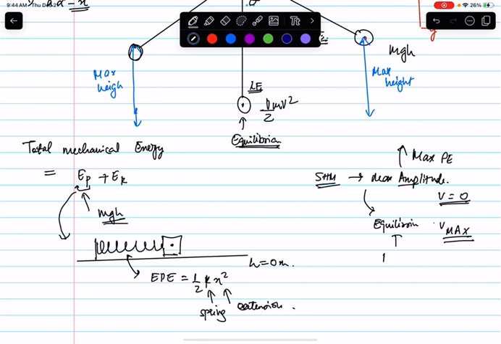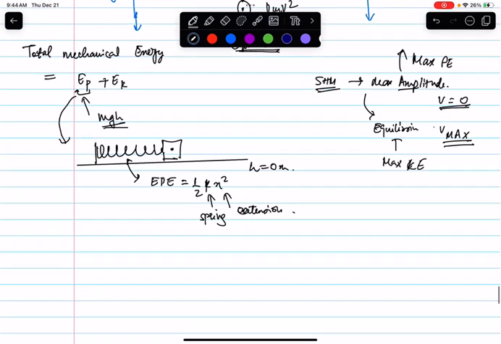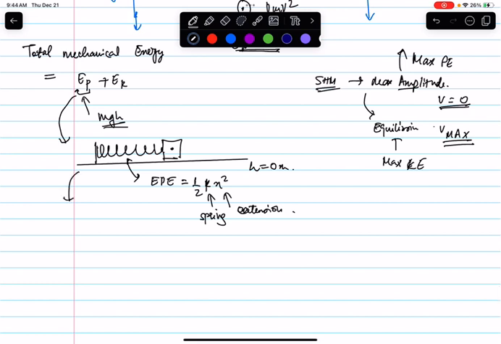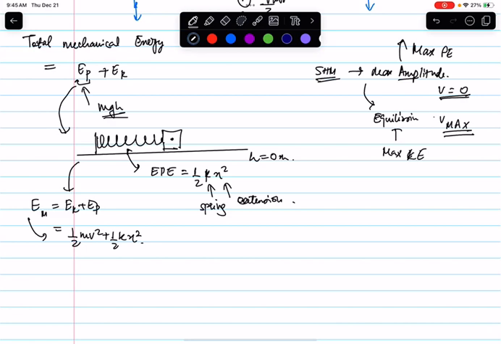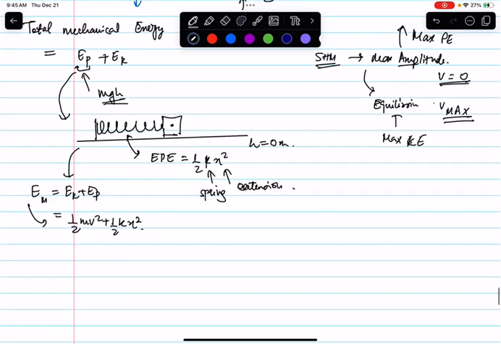And then at your equilibrium position, you have maximum kinetic energy, all right? Now, for a mass spring system, the total mechanical energy is your total kinetic energy plus total potential energy, which is 1/2 mv squared plus 1/2 kx squared, okay? Now, that's how we would be writing this, right?